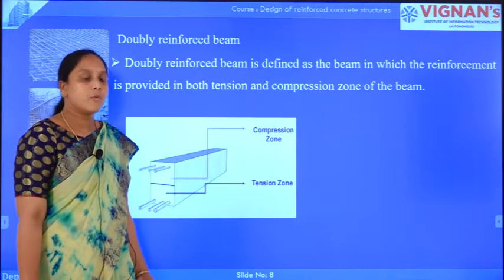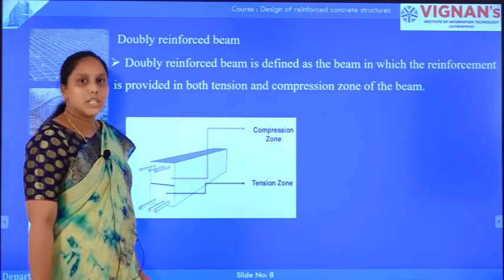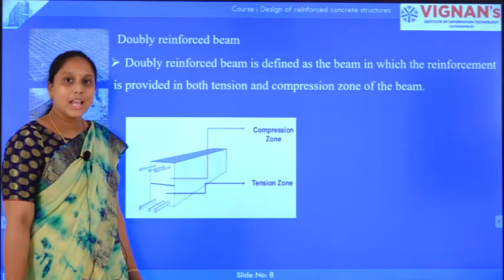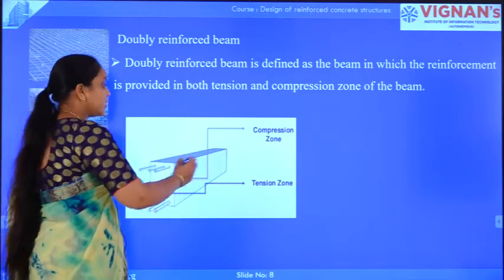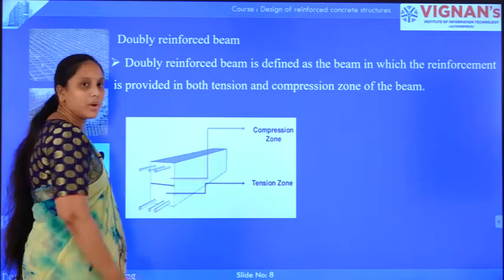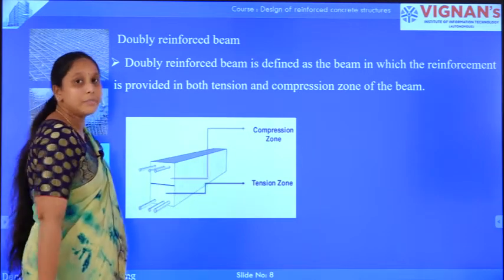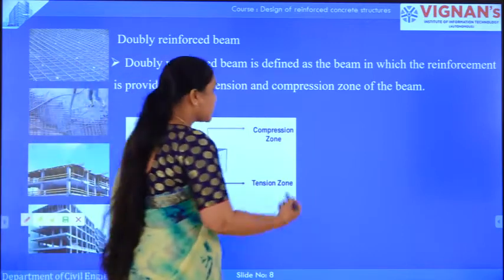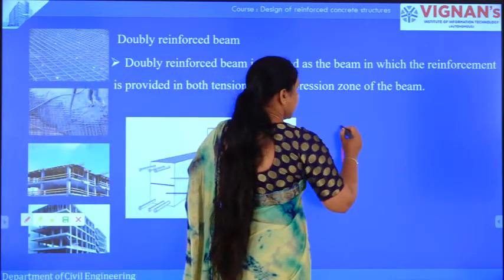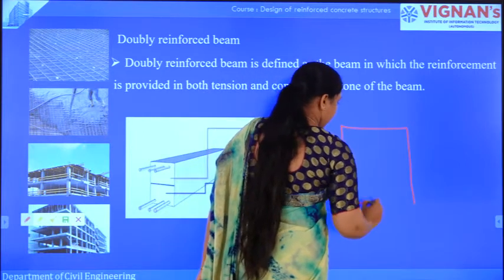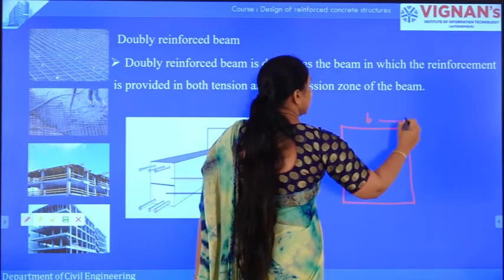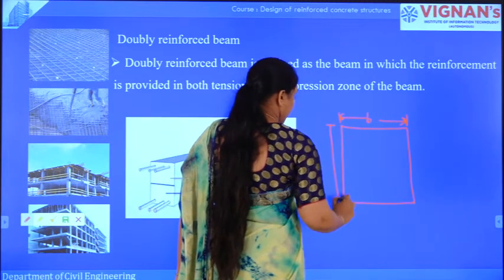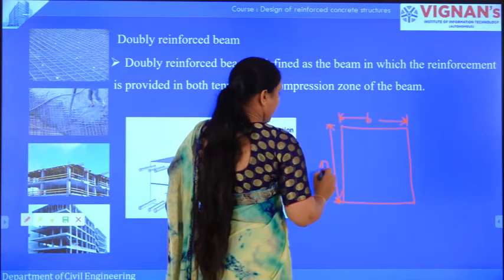In a doubly reinforced beam, you are going to provide the reinforcement in the compression zone as well as the tensile zone. If this is the beam and I have taken a section over here, let me draw the section of a doubly reinforced beam. How will it look? This will be the width or the breadth of the beam. This is going to be your overall depth.